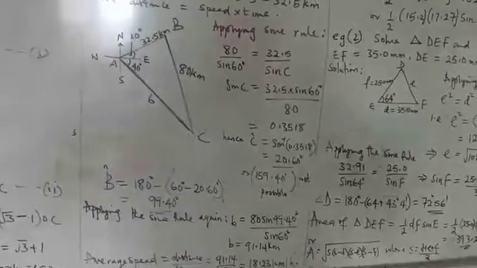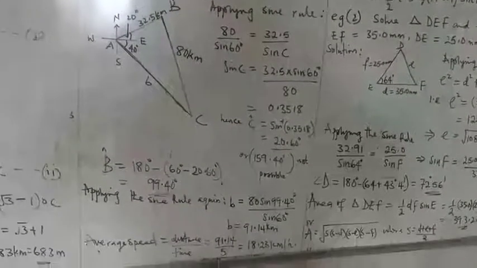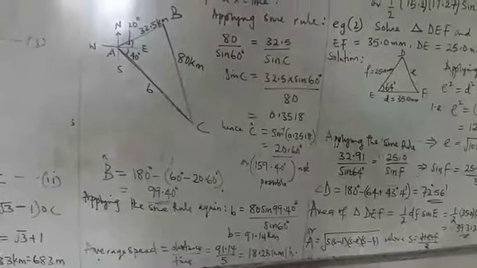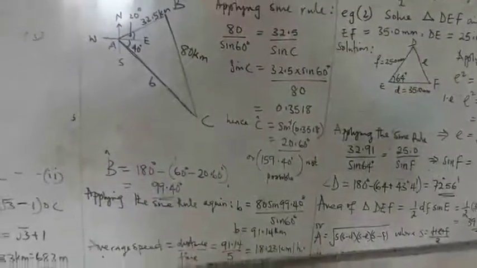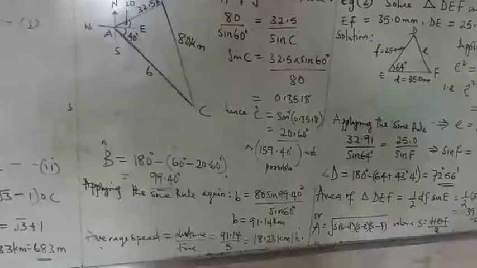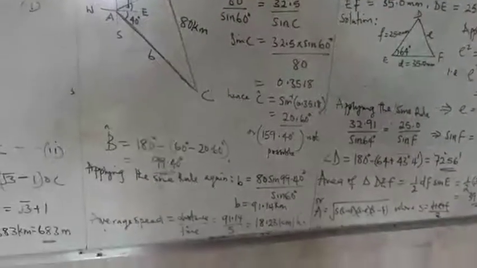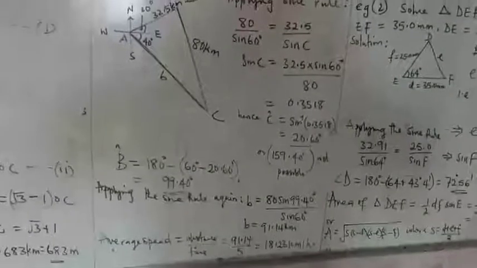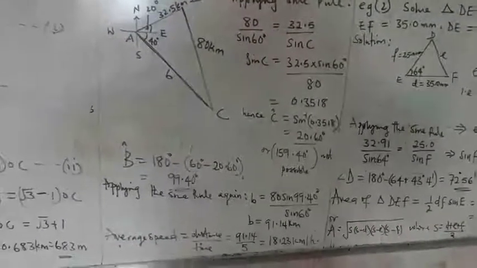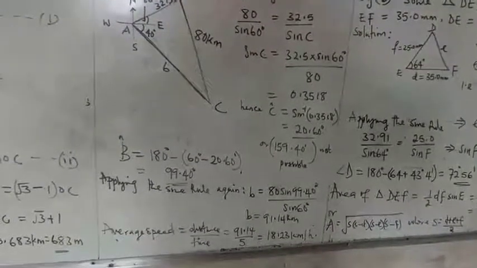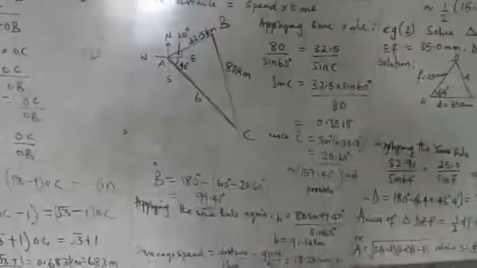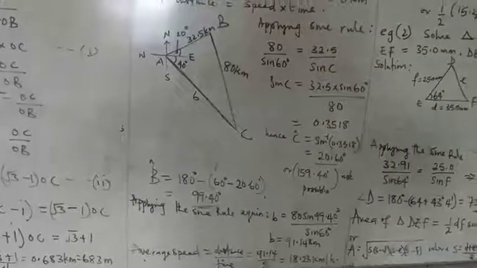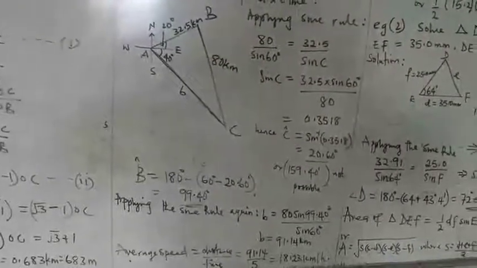So C is arcsine 0.3518, and that gives 20.60 degrees, or 180 minus that gives 159.4 degrees. But this is not possible. If you sum 60 plus 159, it will be more than 180. So we'll pick 20.60 degrees as our angle. So angle B, since we know C and A is 60, C is given as 20.